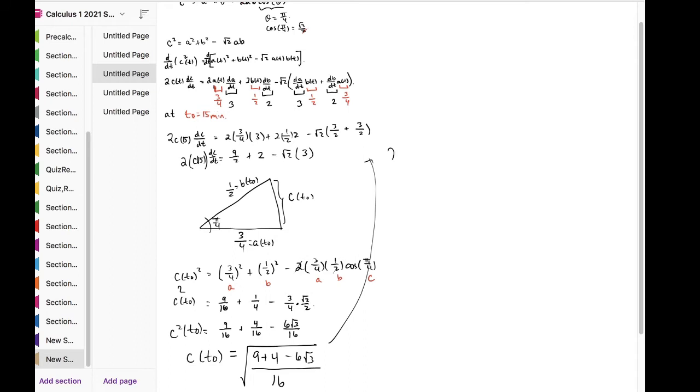Right? So it's 2 times that stuff, dc dt is equal to 9 plus 4 minus 2 radical, 12 radical 2 over 6, or over 2.